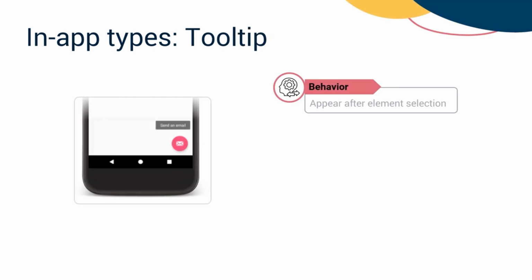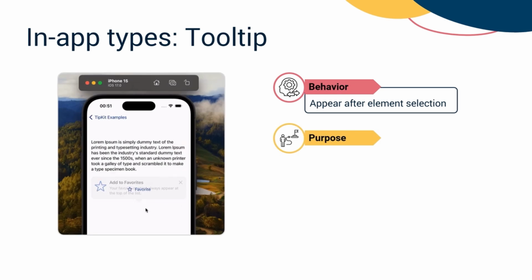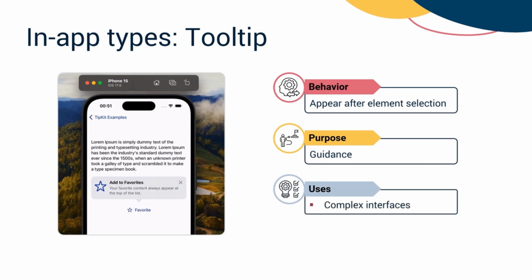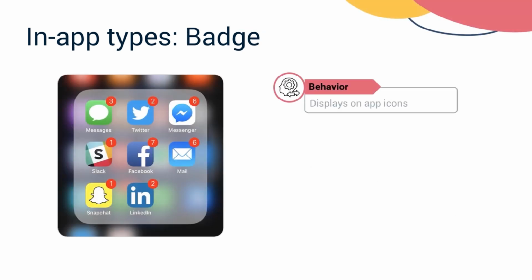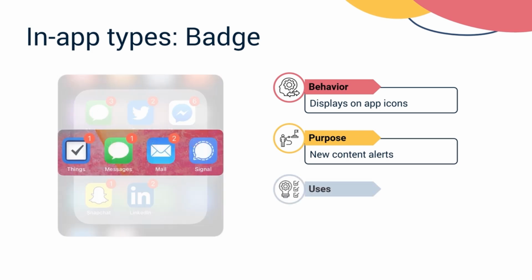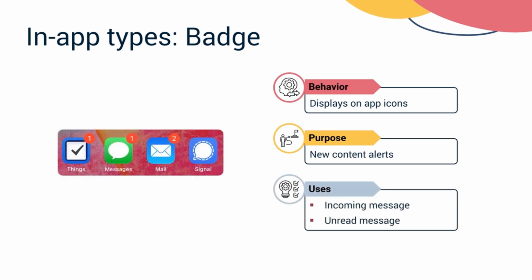Tooltip notifications appear when a user selects an element. They provide additional information about a specific feature. You can use tooltips to guide users through complex interfaces. Badge indicators appear on app icons or specific sections of the app, signaling your users about new content, such as a new incoming or unread message.